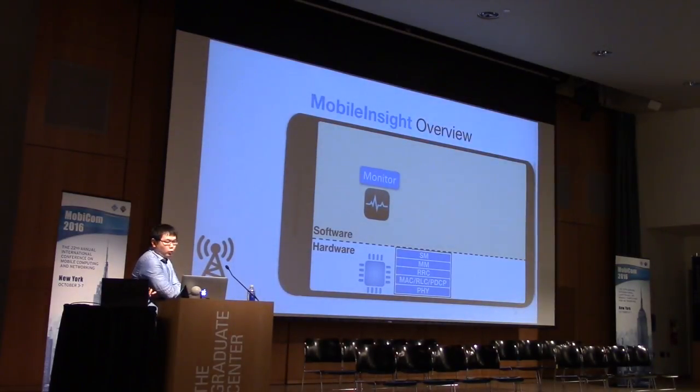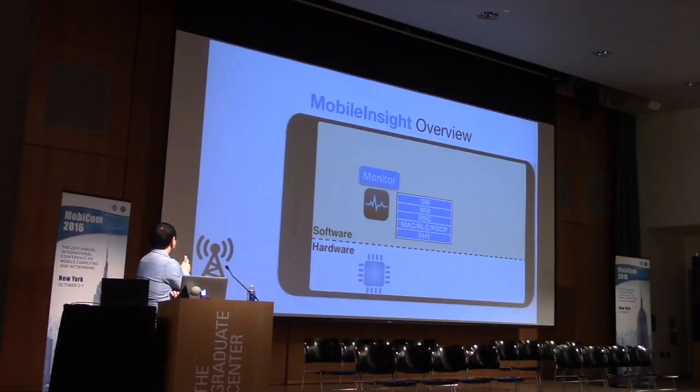Let's first look at how MobileInsight works at a high level. MobileInsight basically runs as a user-space application on our off-the-shelf phones, and it has 3 components: monitor, analyzers, and apps. It first collects over-the-air cellular messages from the hardware chipset to the software. These messages are exchanged between our phone and the network, and cover a wide range of cellular protocols, from the lowest physical layer to the highest mobility management layer.